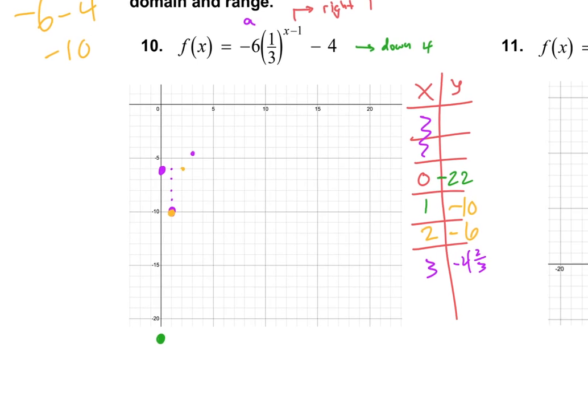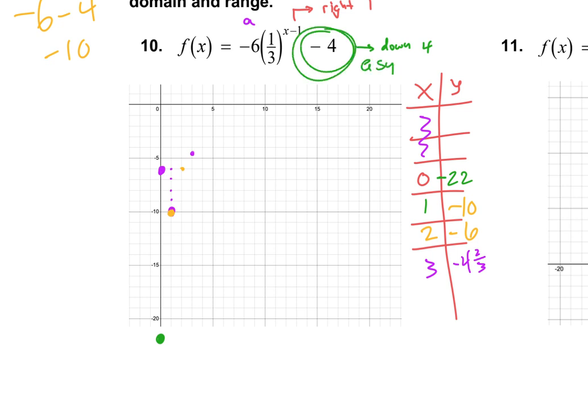So, what do you notice that we are approaching? Because we're used to approaching 0, right? Are we approaching 0 on this one? No, we are approaching -4. That is our asymptote. So technically speaking, you could put in a dashed line.